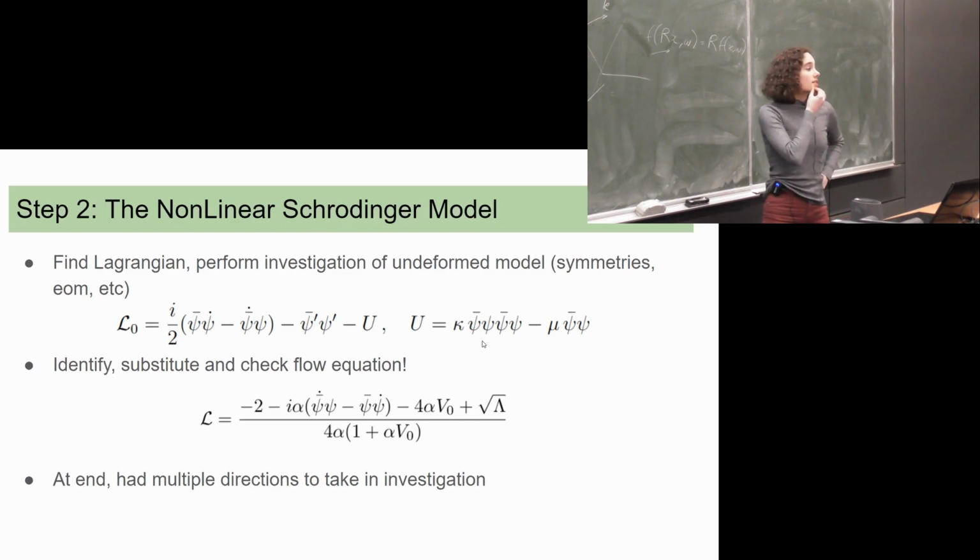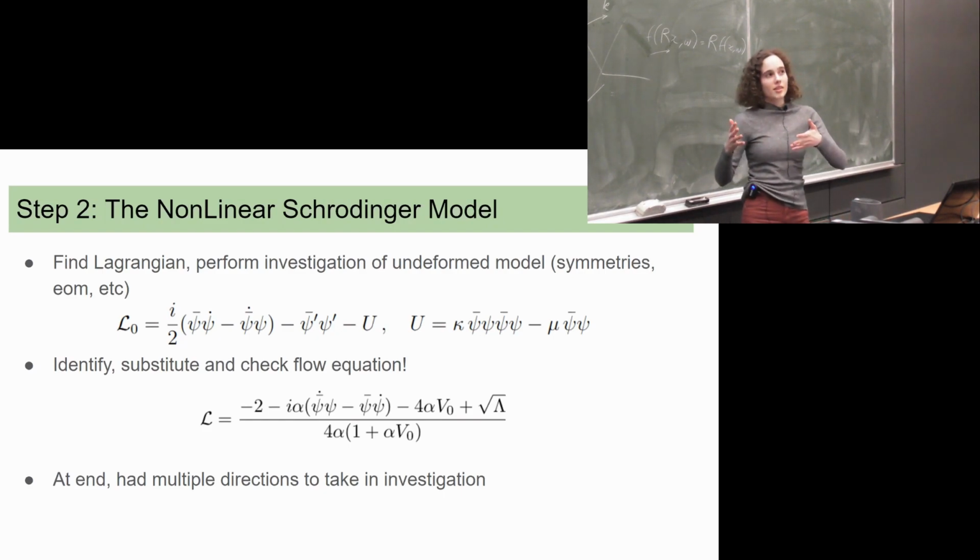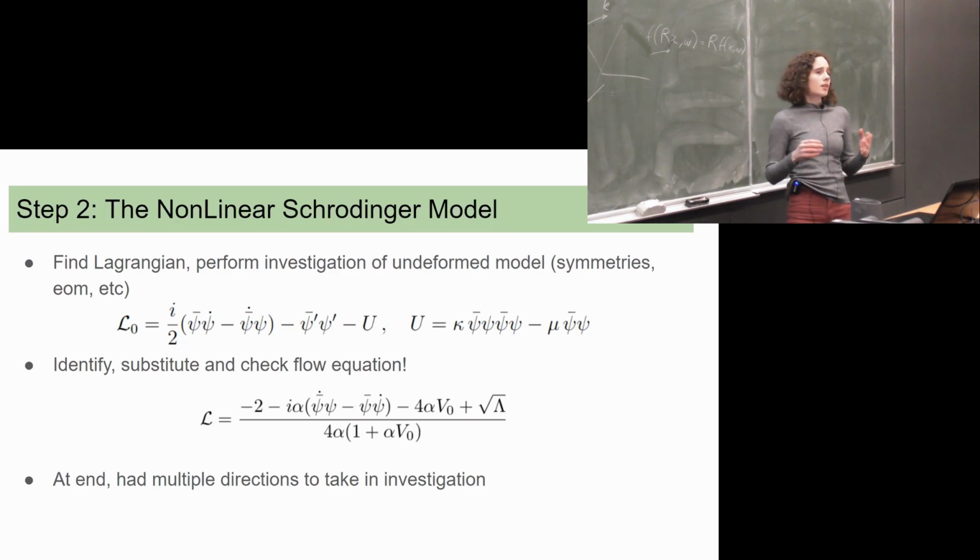This is quite a widespread model. It's very common in optics, where a wave is propagating through some medium which has a nonlinear response to the electric field. It's also a pretty simple model, and it's integrable, which again, comes later. But the idea is that, first of all, I have to look at this.